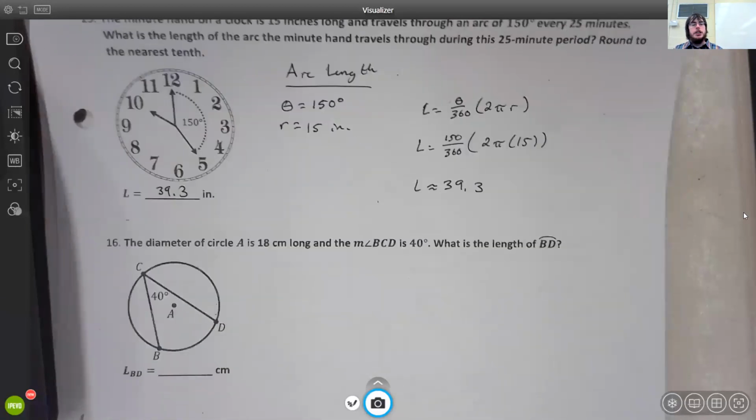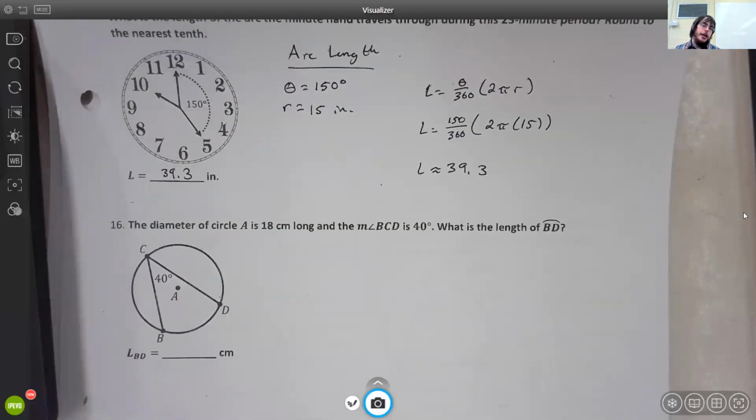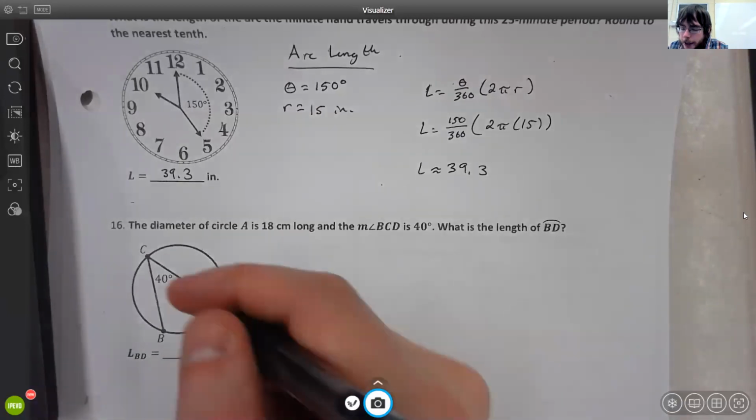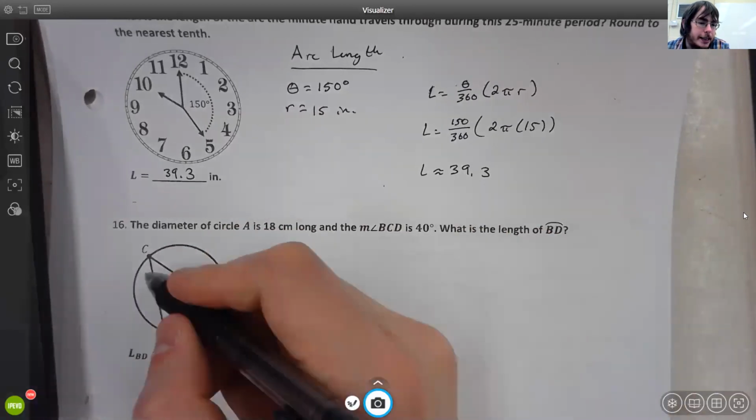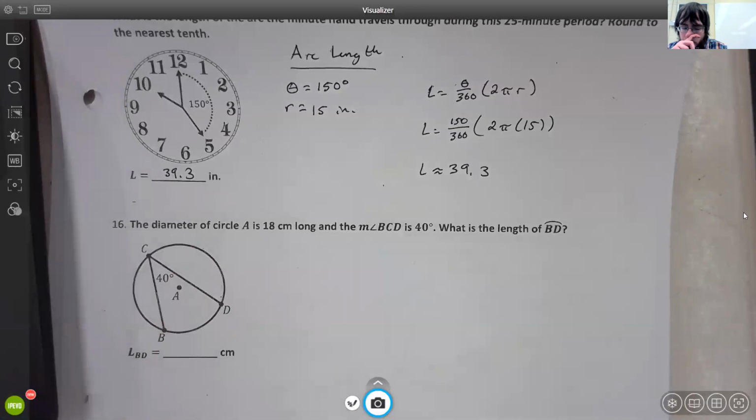And finally, number 16. Number 16 says the diameter of circle A is 18 centimeters long, and the measure of angle BCD is 40 degrees. What is the length of BD? Now, here's the important thing here. Look here at angle C. This is an inscribed angle, so we can't just say theta is 40 degrees.